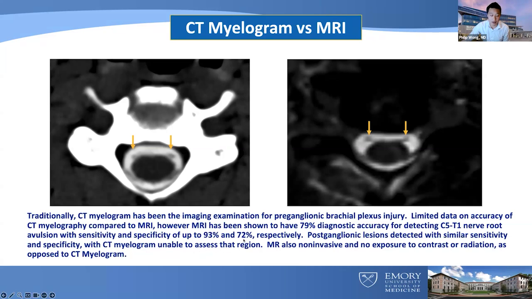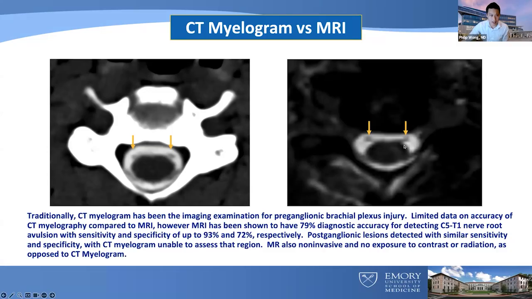So a big reason why MR is really the go-to choice here is you can get really good accuracy in detecting preganglionic nerve root injuries on MR while also being able to assess the postganglionic nerves. And MRI is non-invasive. There's no exposure to contrast or radiation as opposed to CT myelogram.